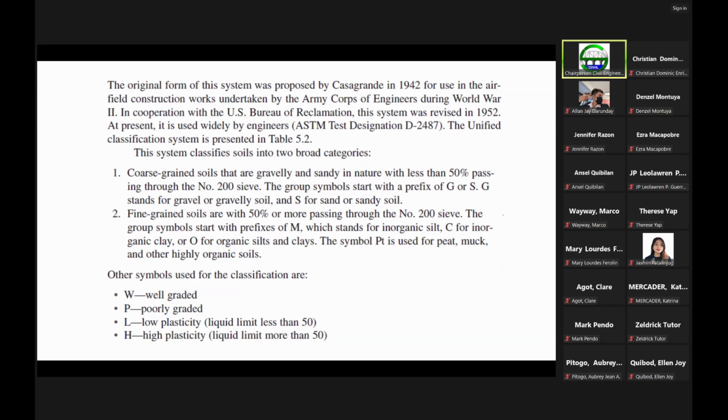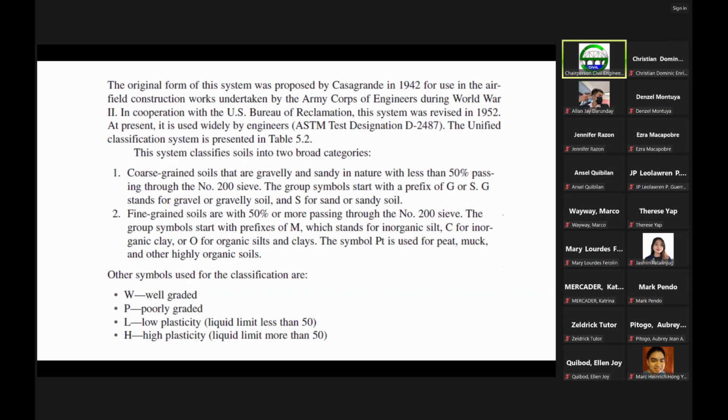For the fine grain soils, the group symbols start with prefixes of M, which stands for inorganic silt, C for inorganic clay, and O for organic silts and clays.